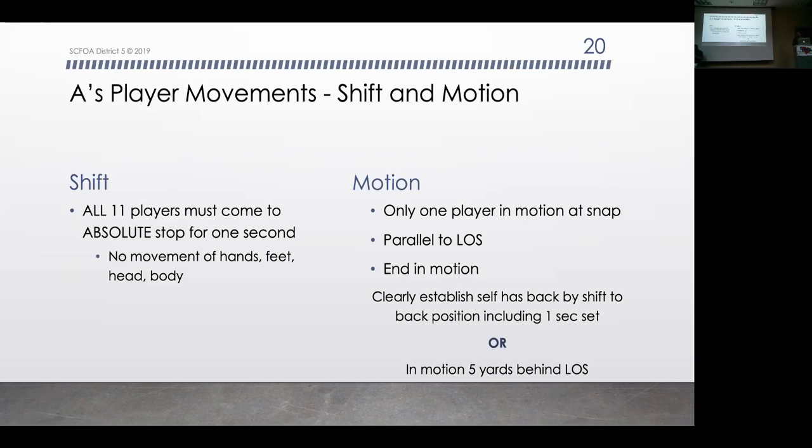They take their tight end, he stands up, takes 1 step back, pauses for a second, and then he goes in motion, and then they run for 50 yards for a touchdown. They always run to his side. He's always the lead blocker, but nobody can seem to figure that out. But that's A's player movements, shifts and motions, and the numbering.